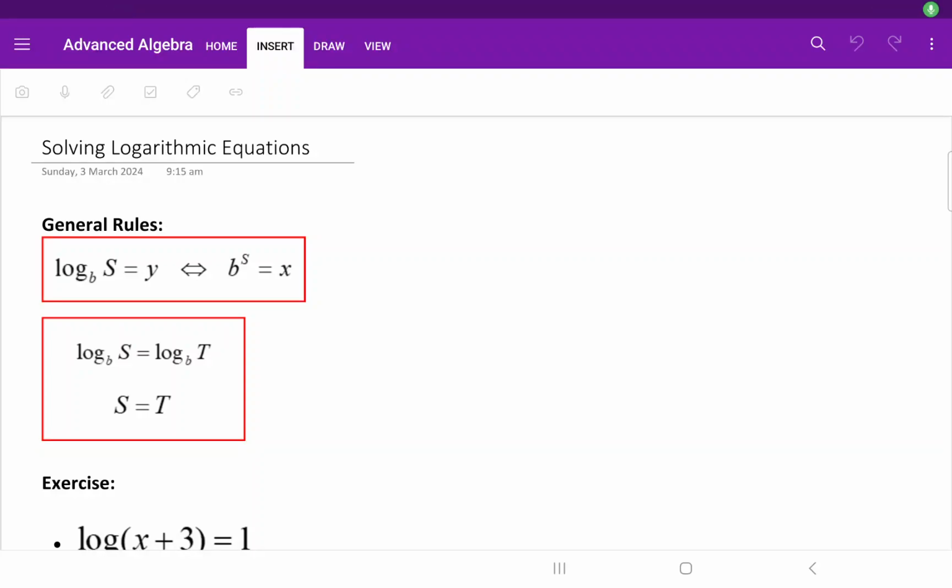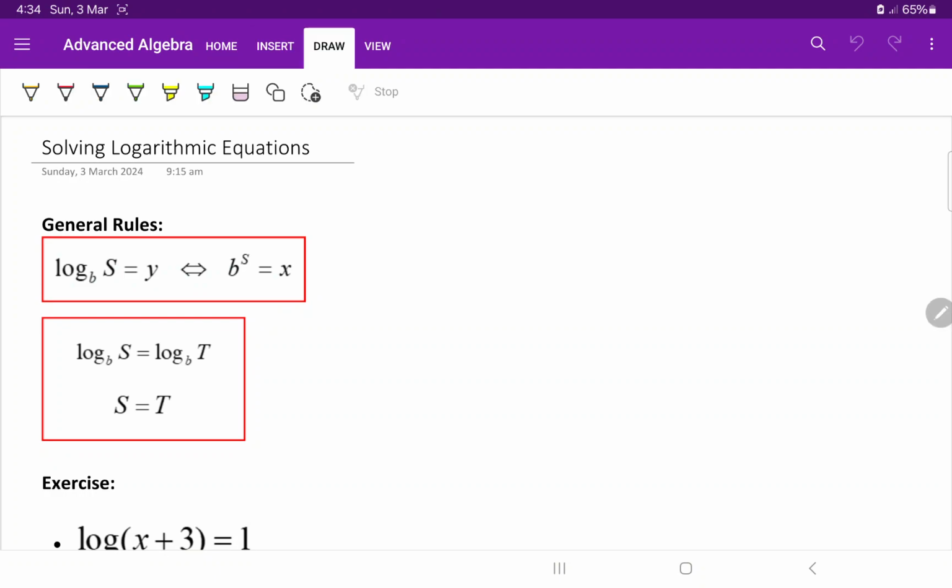In this video, we are going to solve logarithmic equations. So take note that if we have a logarithmic form, then we can always express it as an exponential form.